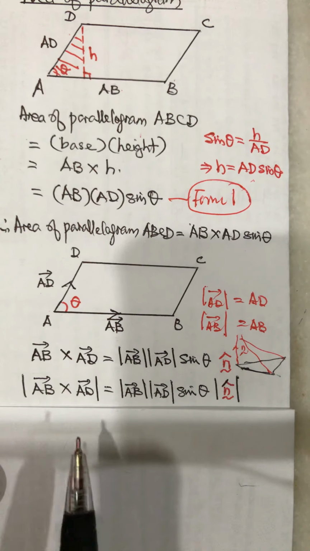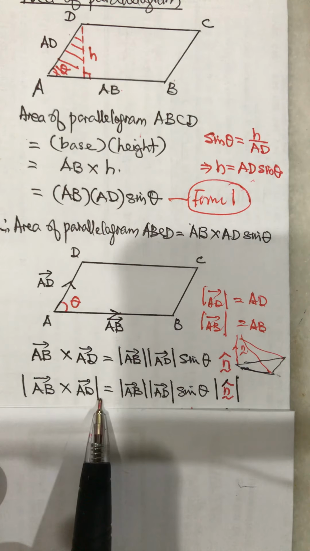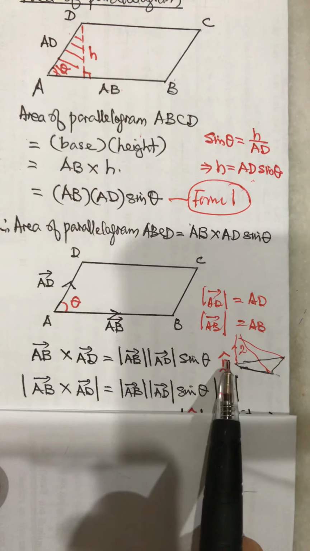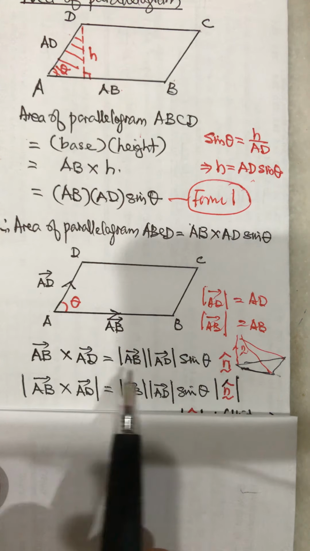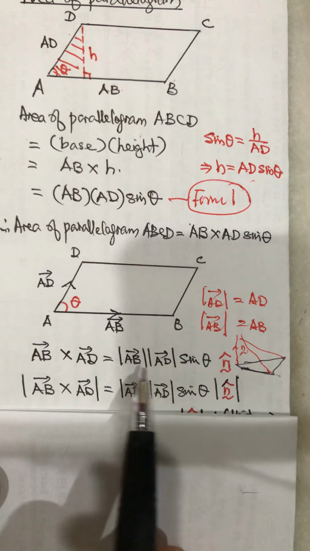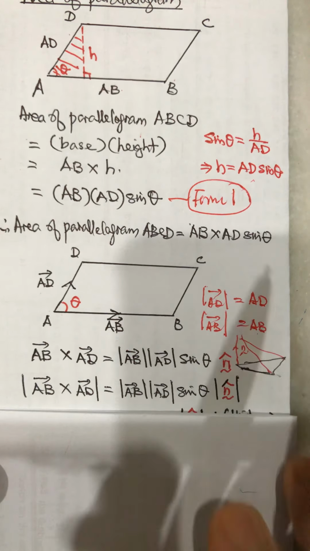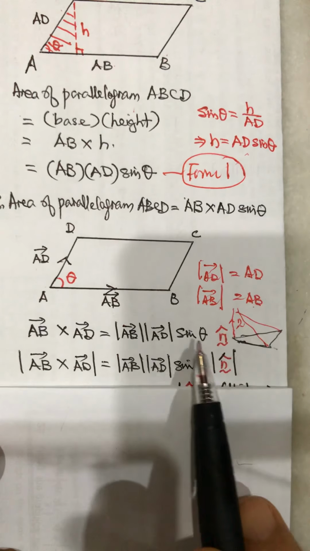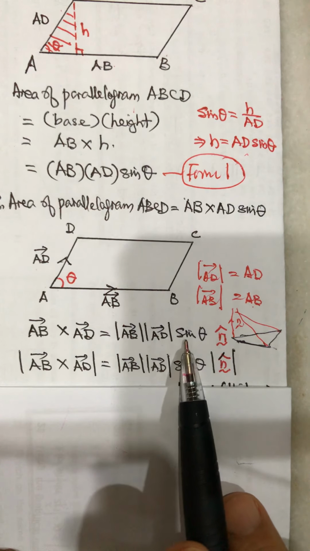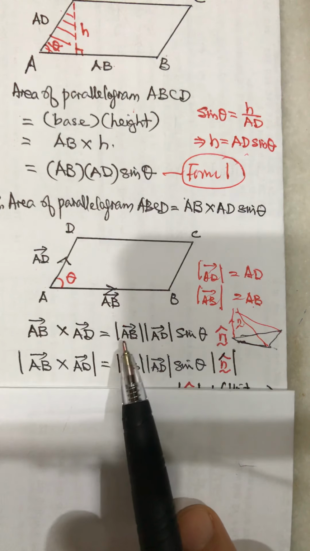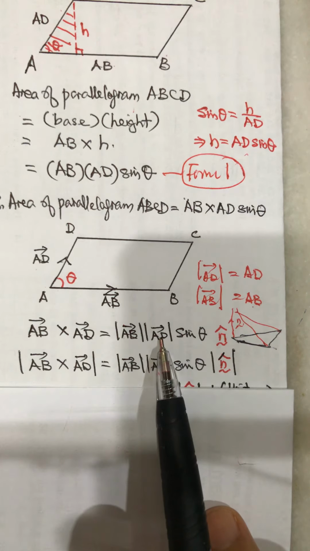So you see, when I take the magnitude, this is a vector, this also a vector, but these two are not vectors. This is the length of AB, how long is AB and AD, and sine theta is not a vector because sine theta is an angle. Angle has no direction, and the length AB also has no direction, only magnitude.